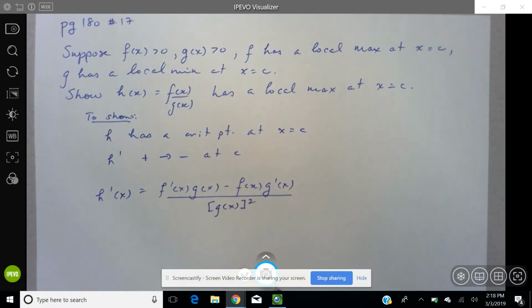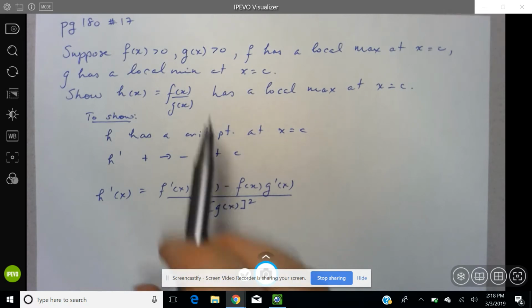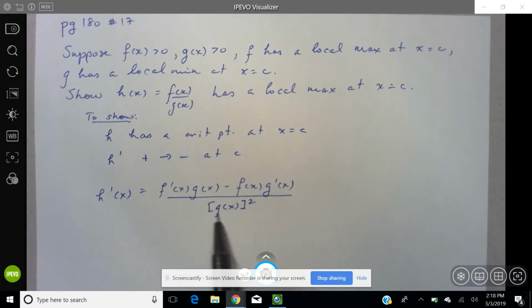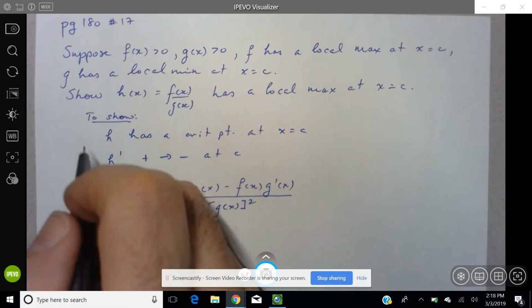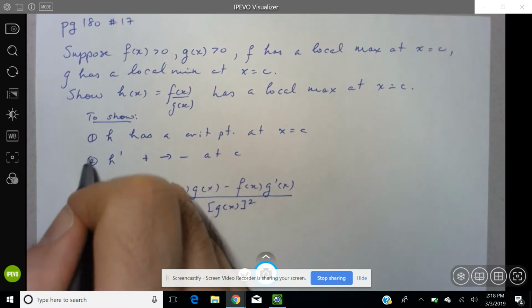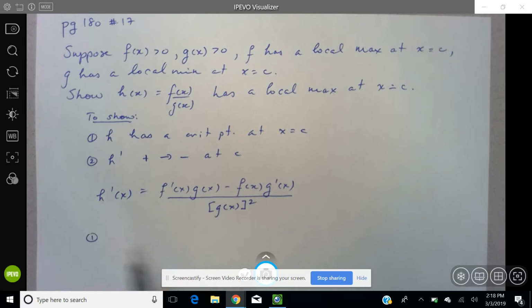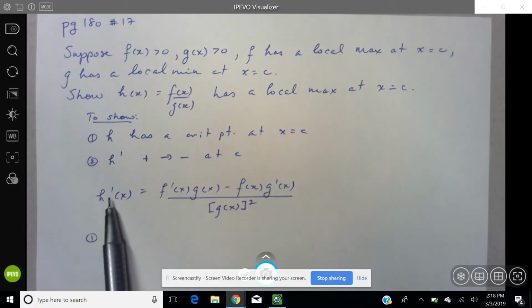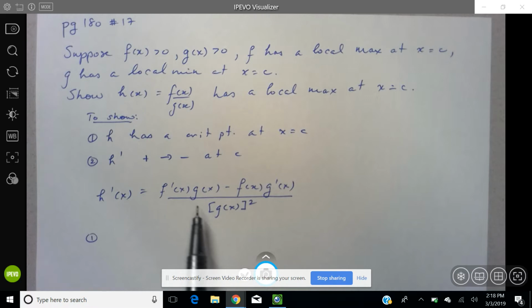Now we don't have to worry about anything with regards to this denominator here because g of x is strictly greater than 0. So this is never going to be equal to 0. All right, so let's start by showing that h has to have a critical point. I'll call this 1 and I'll call this 2. We see that h prime has f prime and g prime as part of the expression.